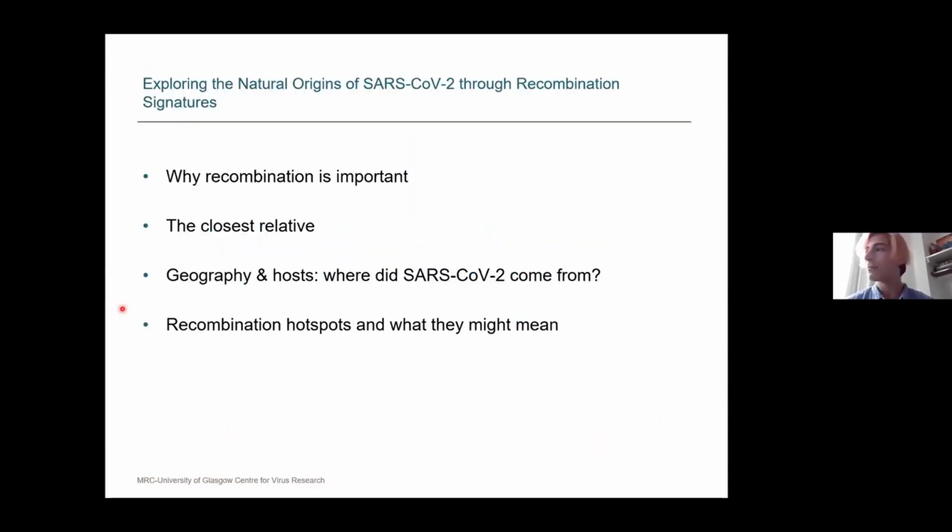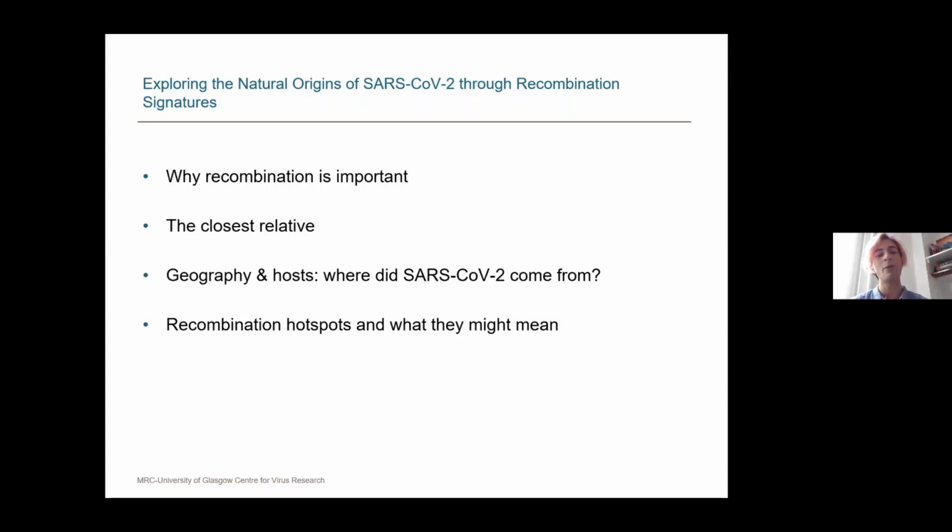I will be very much following the theme of this session, which seems to be recombination. So I will be explaining why recombination is crucial when looking into the evolutionary histories of coronaviruses. And then with that in mind, I will be explaining what the closest relatives to SARS-CoV-2 we know of are.